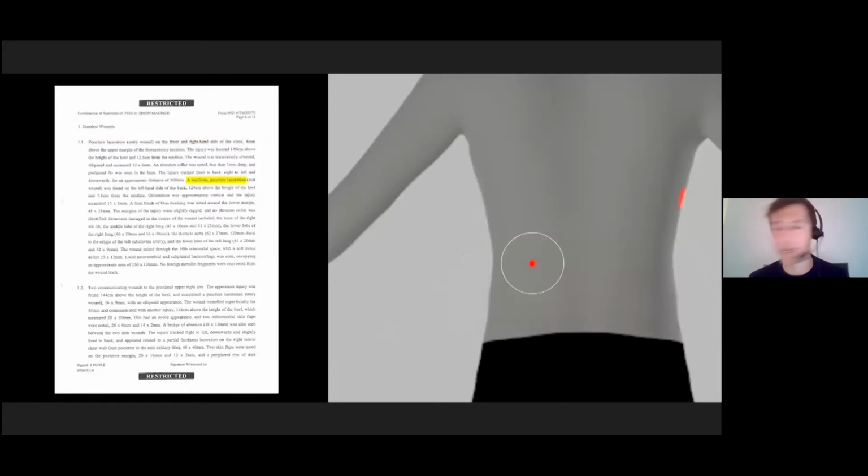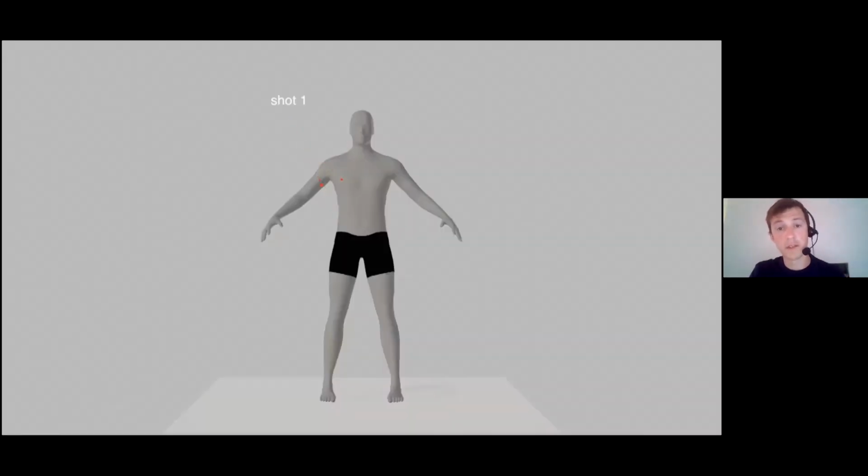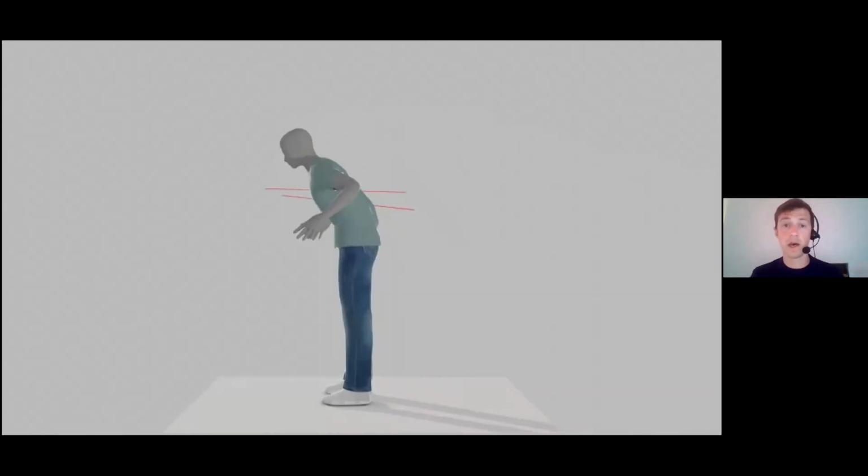Now, those entry and exit wounds gave us precise information about how Duggan would have been positioned at each moment. What we could do is draw lines through the entry and exit wounds of each of these gunshots, and these gave us kind of positioning rods. These would give us a range of possible body positions to make sense of the line of fire of each of those shots.